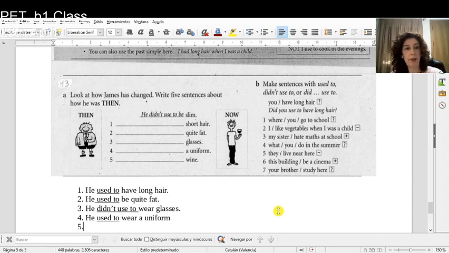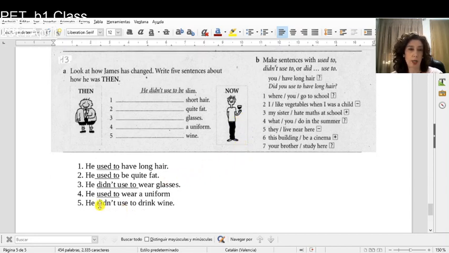And number 5, wine. Now here we have a fizzy drink, Fanta or Coke, I don't know. And now, oh yes, he's drinking wine. Then, in the past, James, he didn't use to drink wine, but now he drinks it.